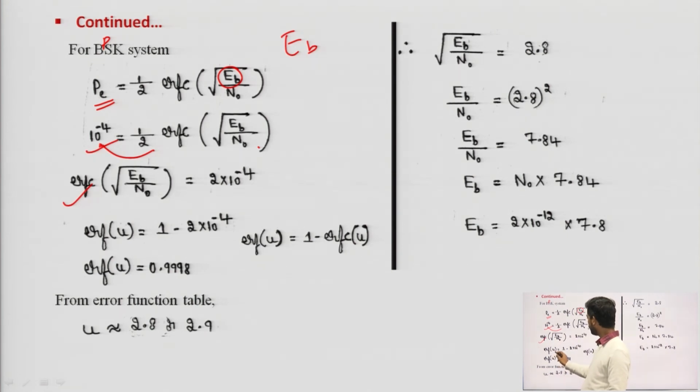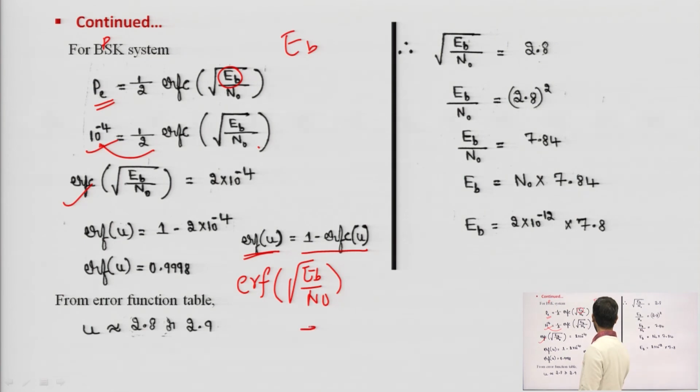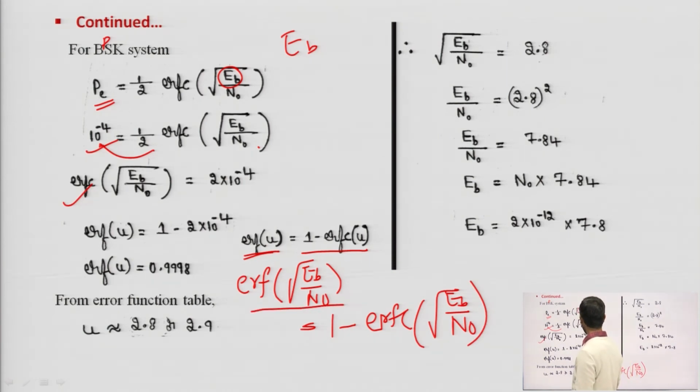So ERF of U is nothing but 1 minus ERFC of U. So ERF of root EB by N naught, that is U, equal to 1 minus ERFC of root EB by N naught, that is 1 minus 2 times 10 to the minus 4. This is nothing but this. So ERF of U equal to 0.998.